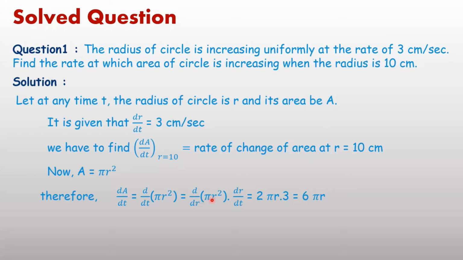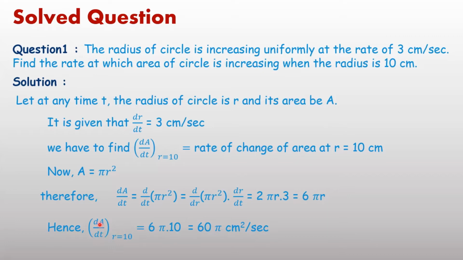Now the differentiation of pi r square with respect to r is 2 pi r, into the value of dr by dt given as 3 centimeter per second, equal to 6 pi r. Now we have to find the rate of change of area with respect to time at r equal to 10, equal to 6 pi into, in place of r write 10, equal to 60 pi centimeter square per second.